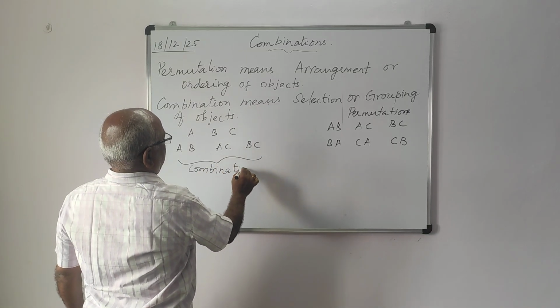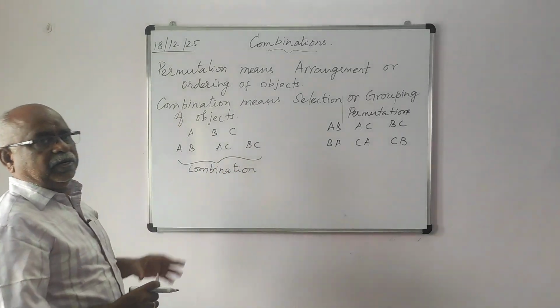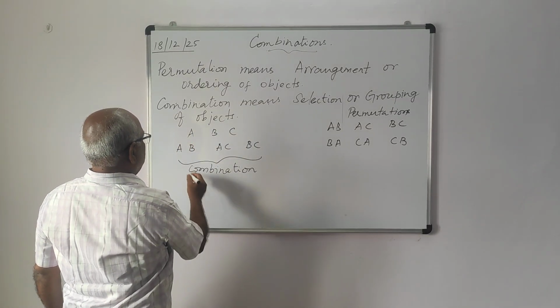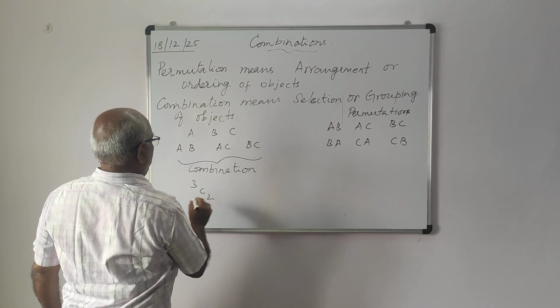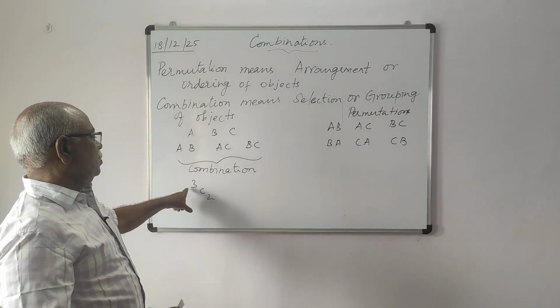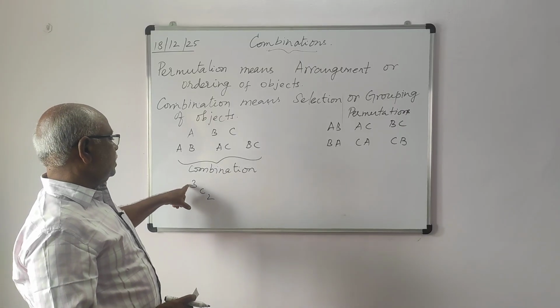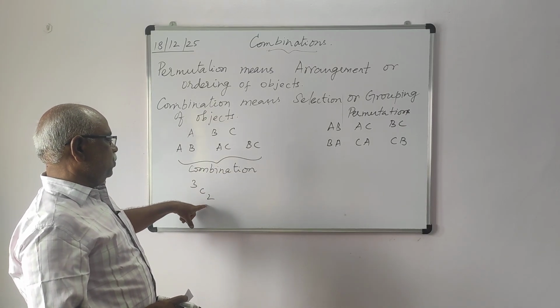Combination, I already told you, is just a selection. It is denoted by, out of three students, we are selecting two. So 3C2, number of combinations of three things taken two at a time. This is the combination symbol, 3C2.